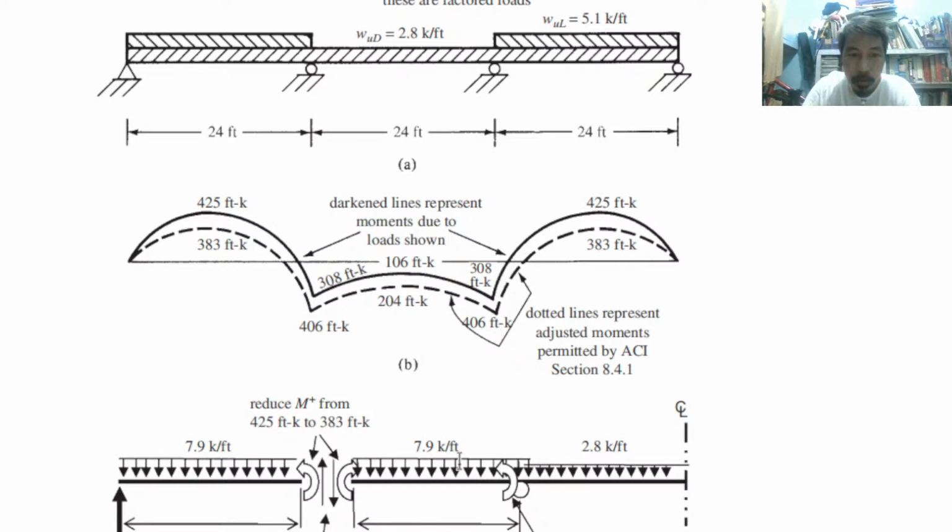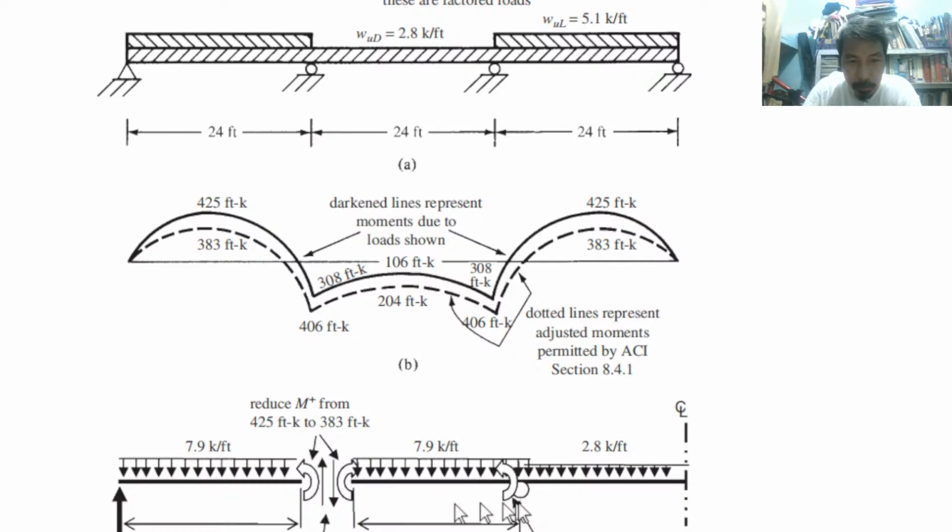So if we are talking about moment, this is the critical type of loading. Spans 1 and 3 must be 5.1, for example, and span number 2 is 2.8.